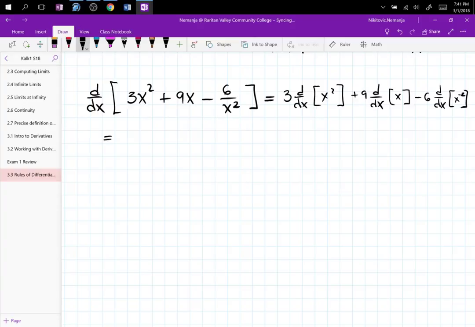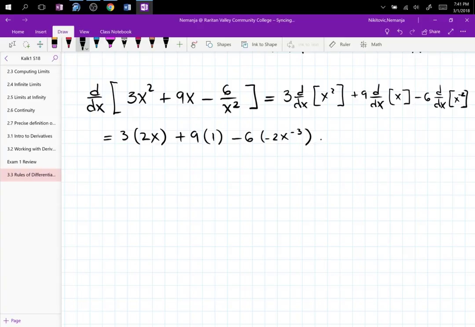So that is going to give us 3 times the derivative of x squared, which is 2x, plus 9 times the derivative of x, which is 1, and minus 6, the derivative of x to the negative 2 is negative 2x to the negative 3, using the x to the n formula.